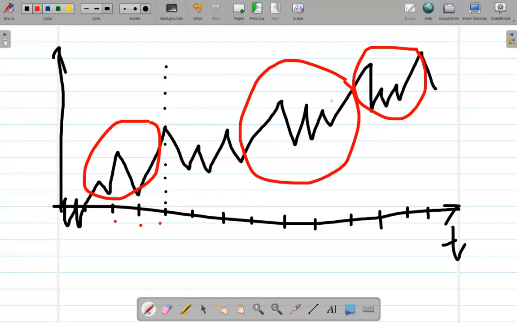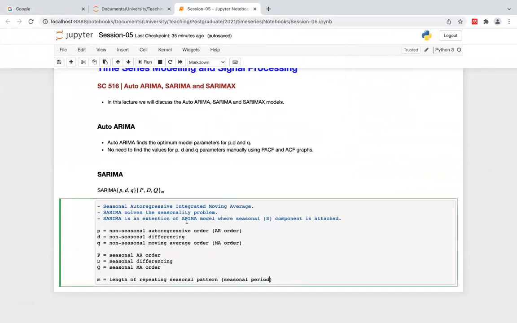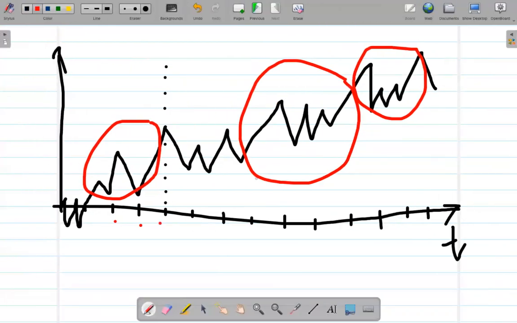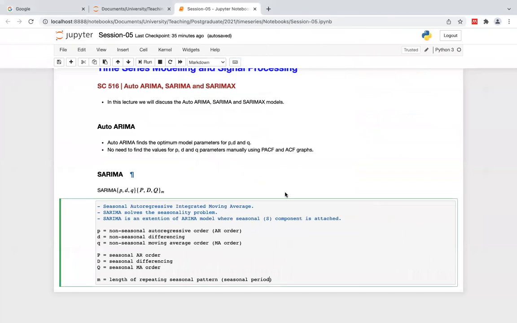Then it happens yearly. Then that is the meaning of this M parameter: the length of the repeating seasonal pattern. In here, M would be, with our example, 12, right? It would be 12.